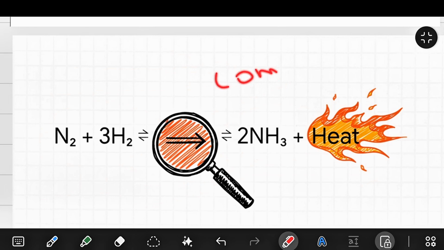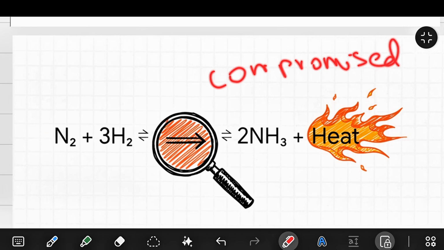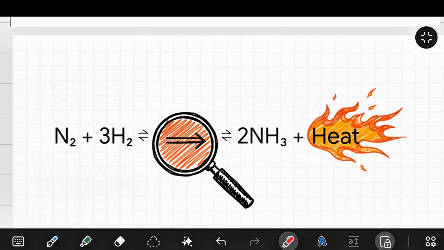Now, we can use a higher temperature, but we choose not to because we need a lower temperature to favor the forward reaction. So even though 450 degrees gives us a lower yield, we choose to use it because it causes a higher rate of reaction.